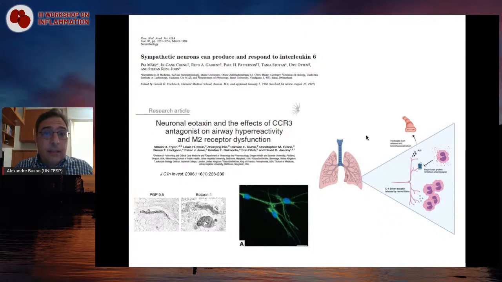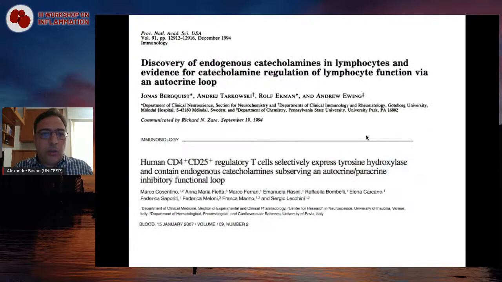And as I said, this is also true for immune cells. It has been shown that lymphocytes can indeed express all the enzymes that are necessary for them to secrete neurotransmitters such as catecholamines and also acetylcholine. In particular, human regulatory T cells selectively express tyrosine hydroxylase and are able to secrete catecholamines.